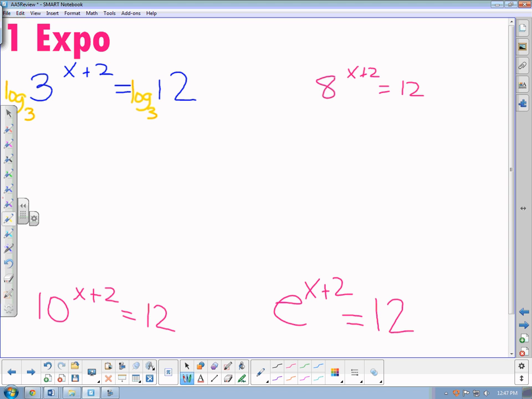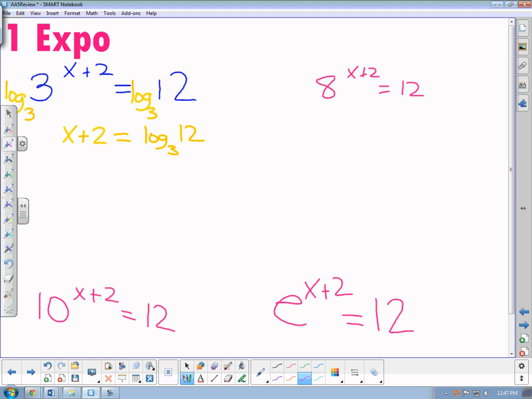Now on the left-hand side, log base 3 of 3 turns into 1, so then it's just x plus 2. And then on our right-hand side, we have log base 3 of 12.